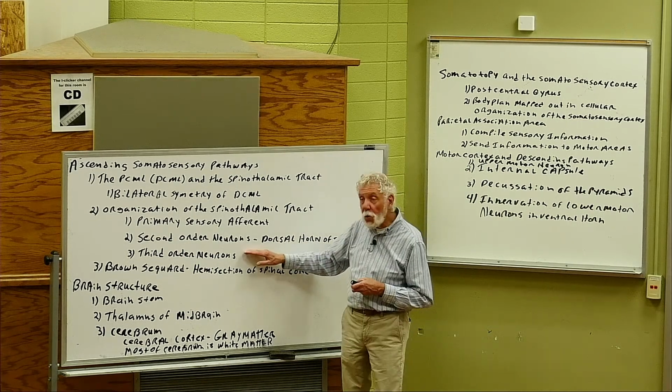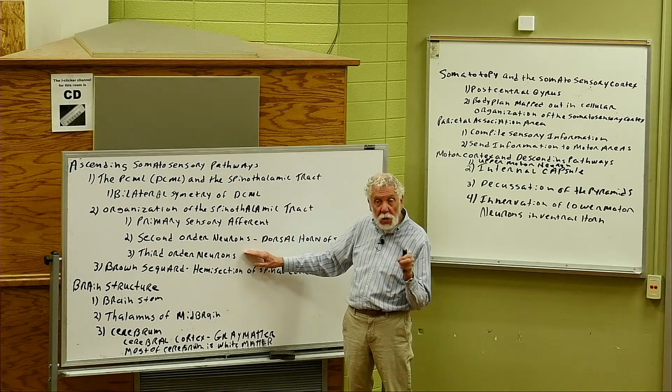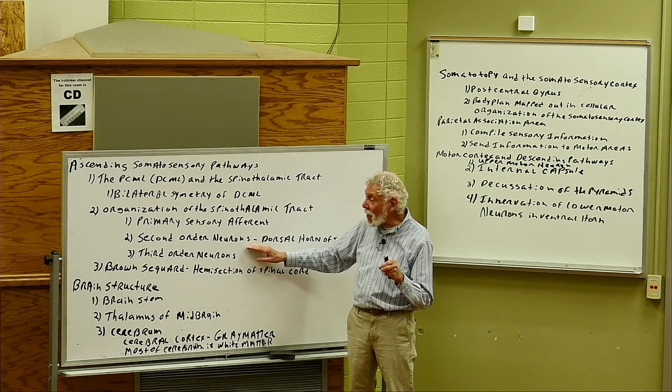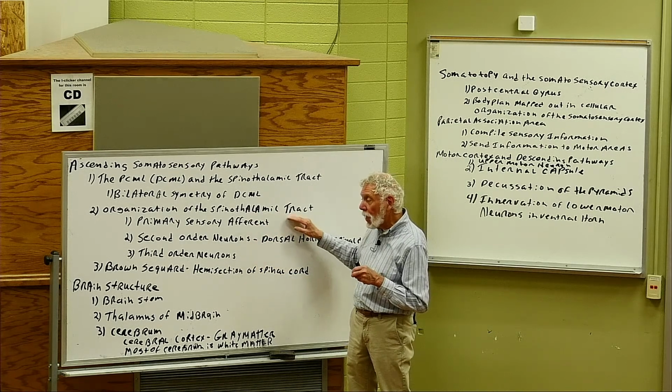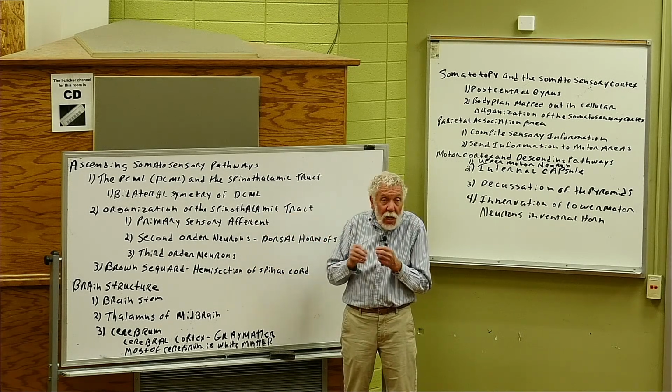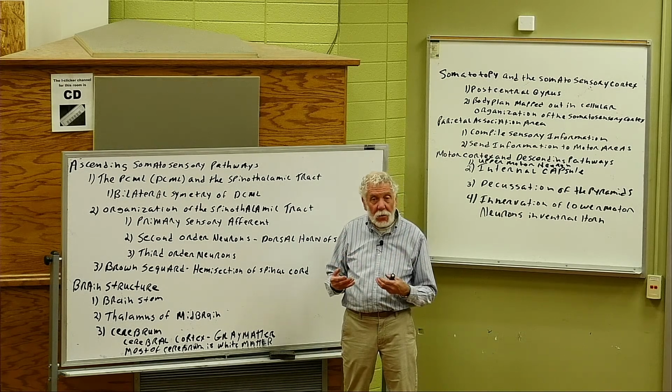And then the second-order neuron, remember it always crosses the midline, sends a process that crosses over to the other side of the cord and ascends the cord in something known as the spinothalamic tract. It's a second-order neuron, so it's destined to synapse onto third-order neurons in the thalamus.